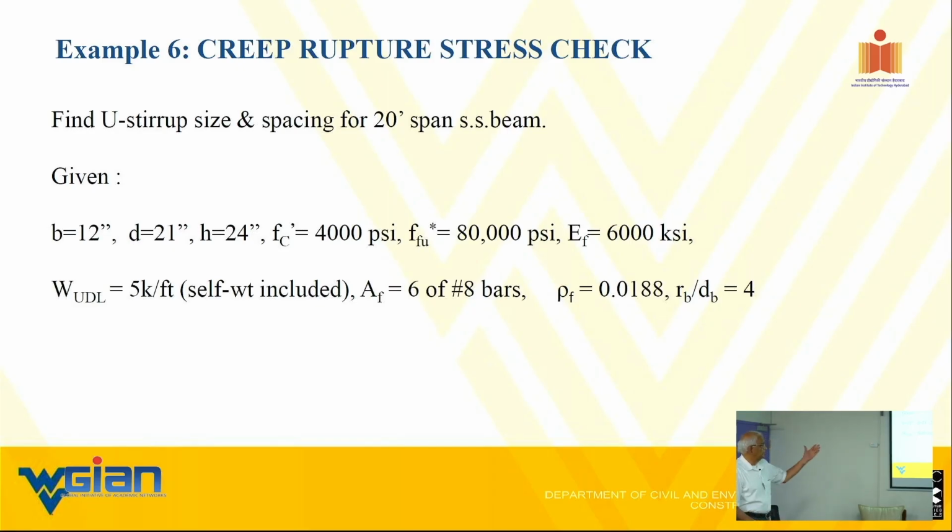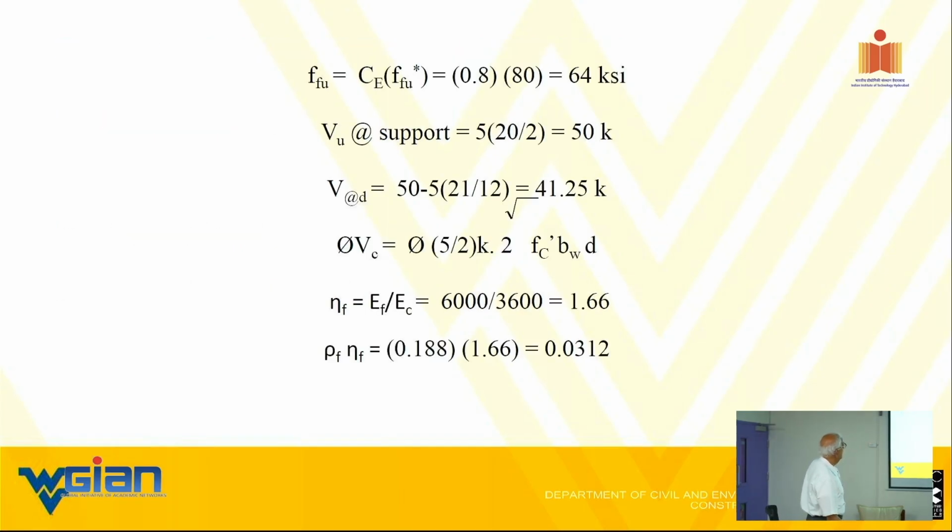So we gave you the loads and the member size. Why did I say L over D should be less than 12? It's a shear failure. Yes, sir. That's the reason I reminded you. And the CE value can be 0.8 or 0.85 depending on the code.